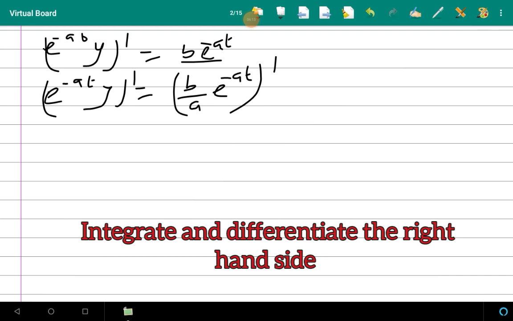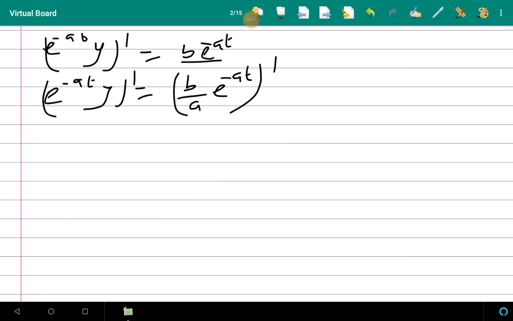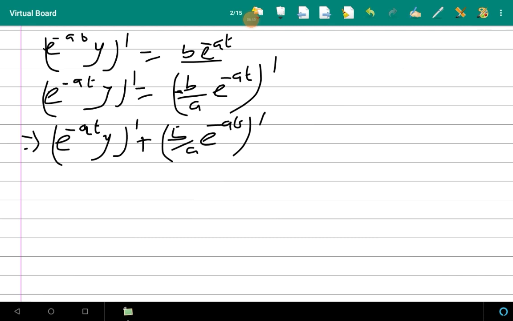So we just integrate it and put a differential sign there, which implies that when I bring it to the left hand side, remember the minus here, it will be positive: b over a e to the power at, all prime, and this is now equal to 0 because I'm picking everything across.